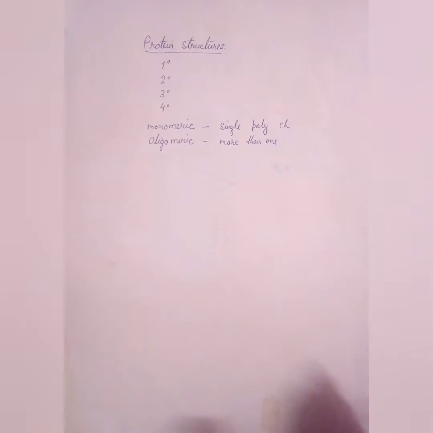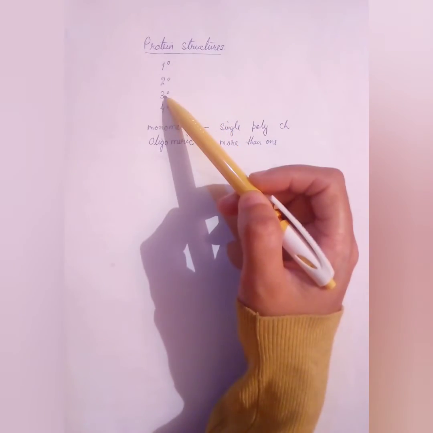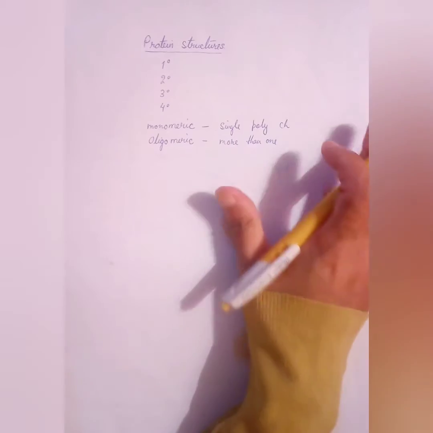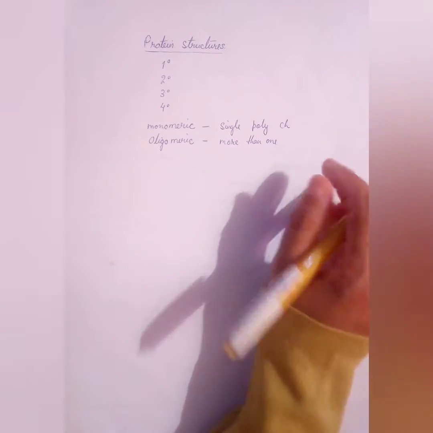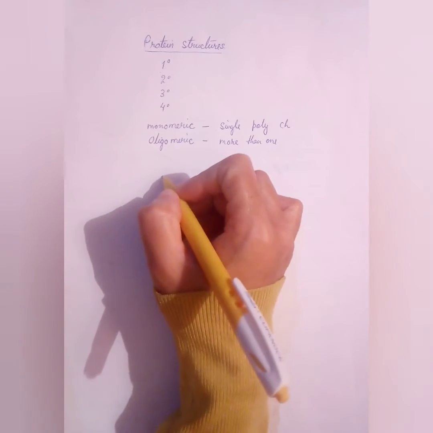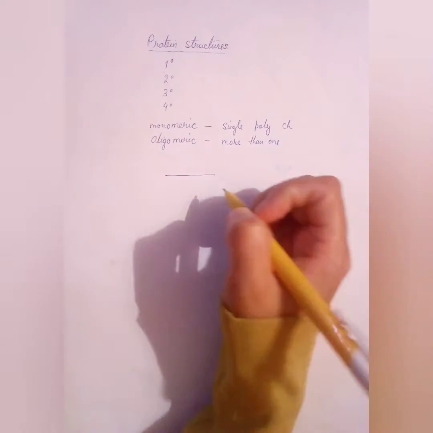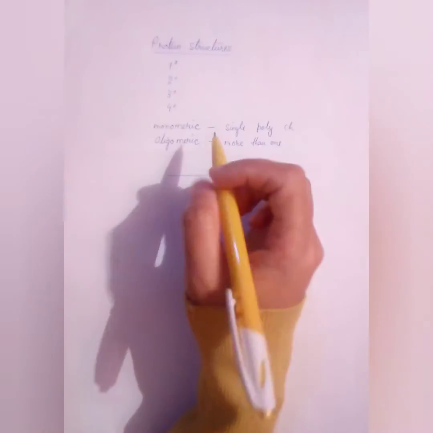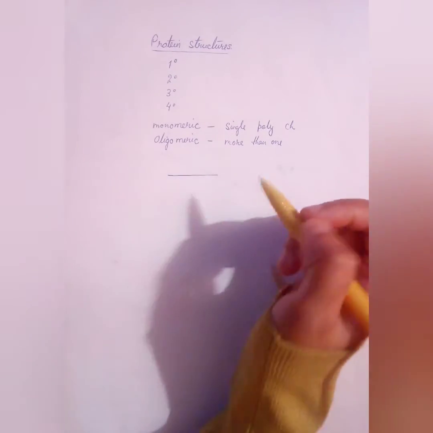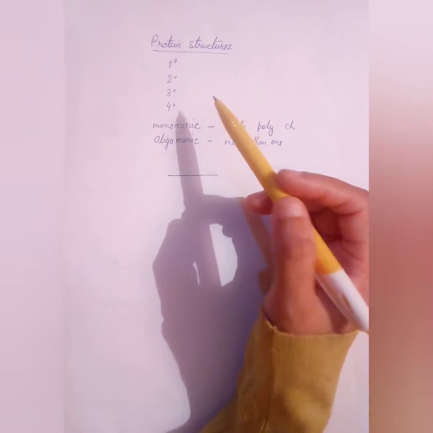Now these proteins are further classified based on their structure. Because proteins do not necessarily occur in a straight chain. Rather, they undergo folding so as to take up a three-dimensional shape.